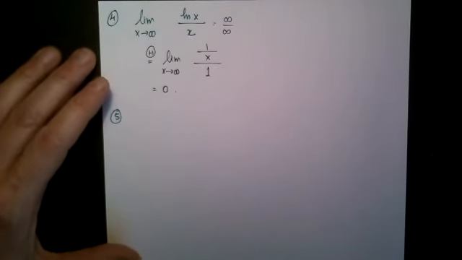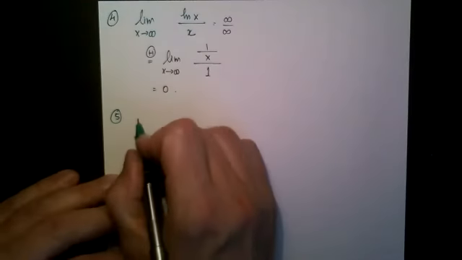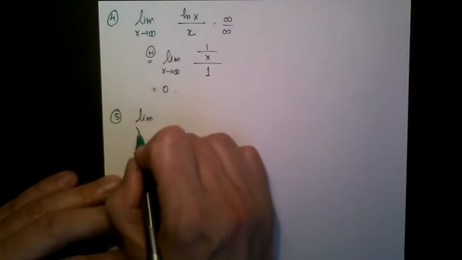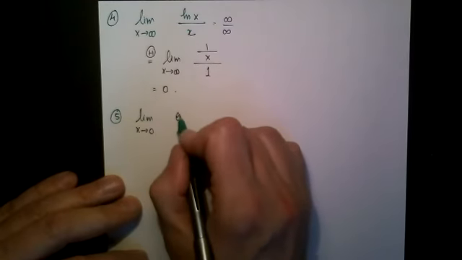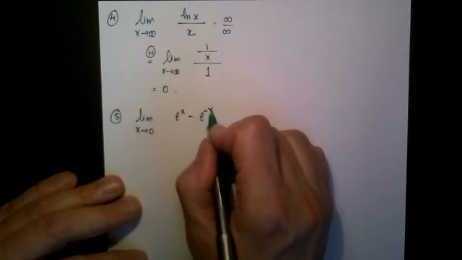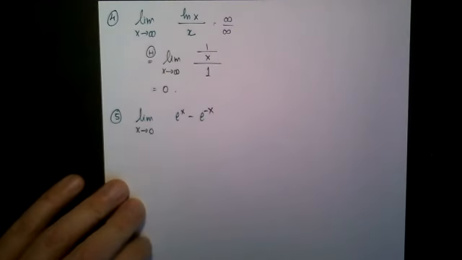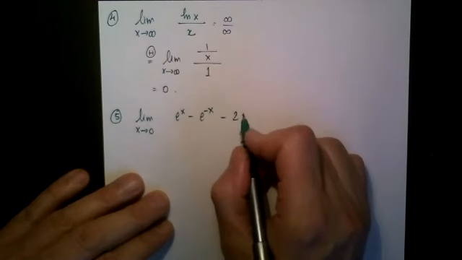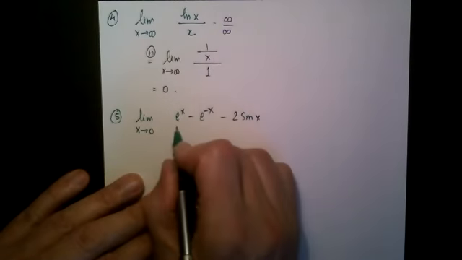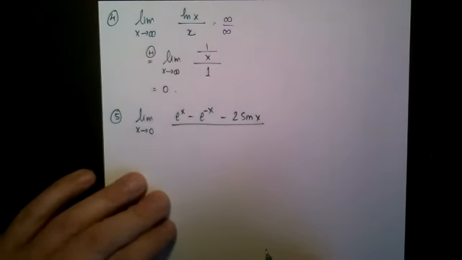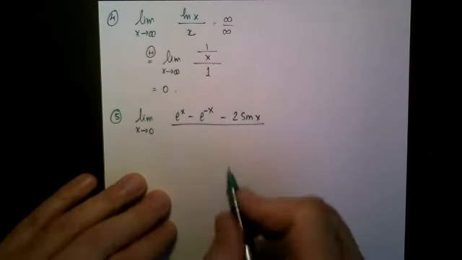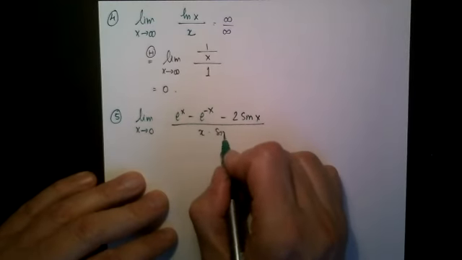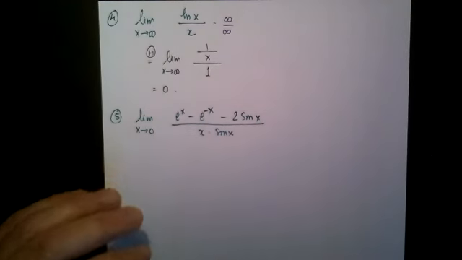Okay, so let's try a harder one. Limit as x approaches 0 of e to the x minus e to the minus x minus 2 sine x over x times sine x.